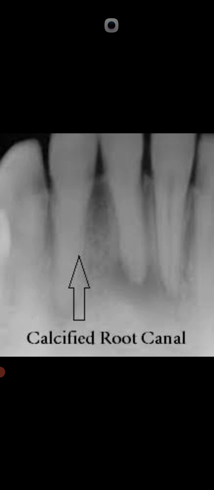But in calcified canals, the canal will look radiopaque, not radiolucent, because the radiolucent pulp chamber and pulp canal area is replaced by calcific material, meaning calcium salt. Now when we take a radiograph, there will be no radiolucent area inside the tooth. This shows a calcification of the root canal.